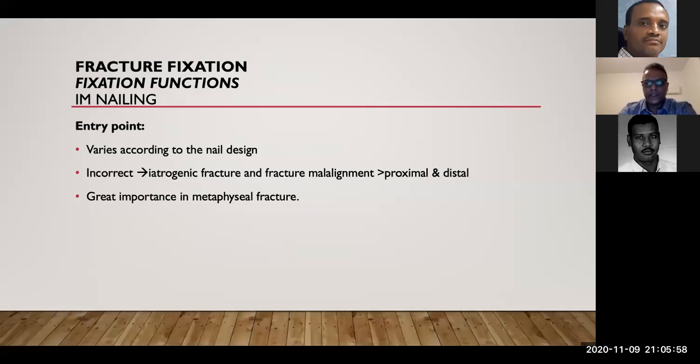So you have to understand your device and how to use it, and the entry point for each device. The problem with an incorrect entry point is it can lead to iatrogenic fracture and fracture malalignment. This typically happens when your fracture is more proximal or distal, in the area of the flare of the bone.